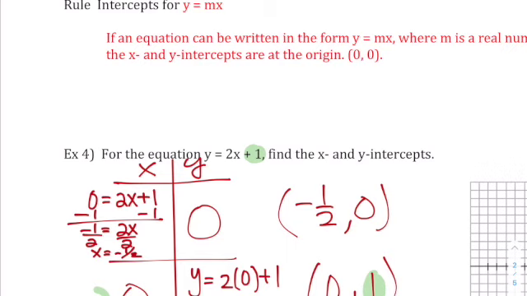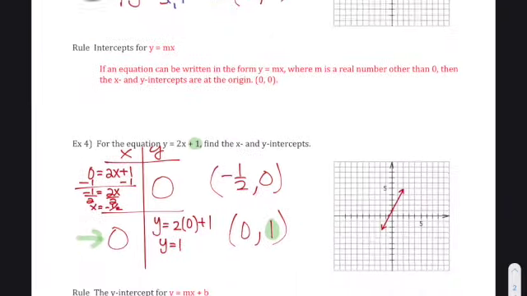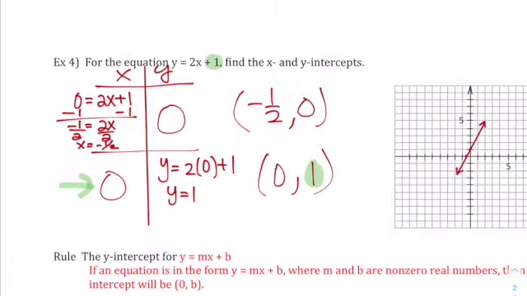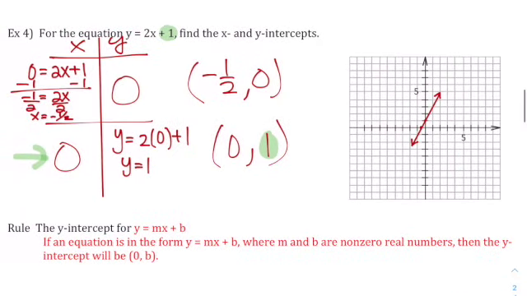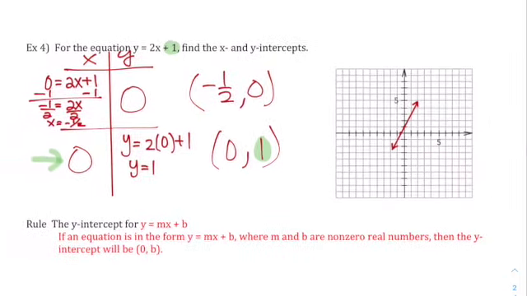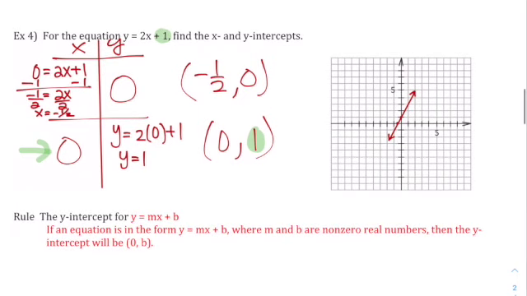Okay, so in this case, there's a little rule on that. And that little rule goes like this. Rule: the y-intercept for y equals mx plus b.